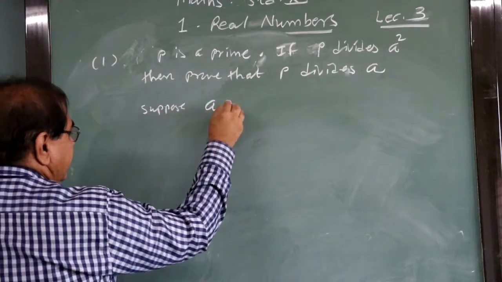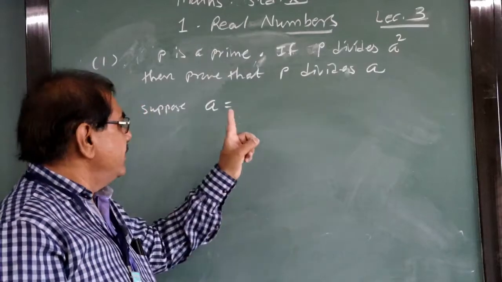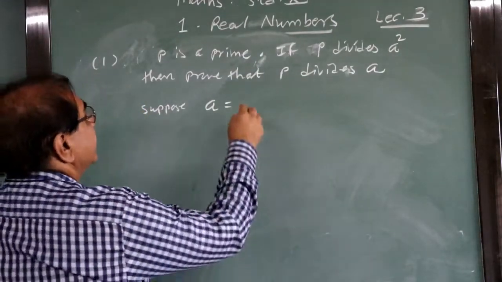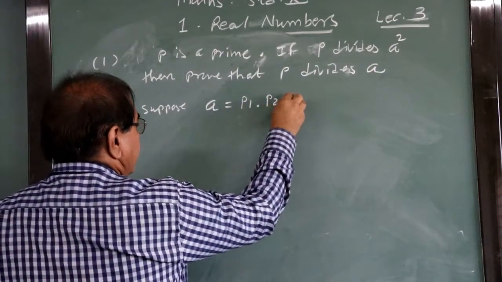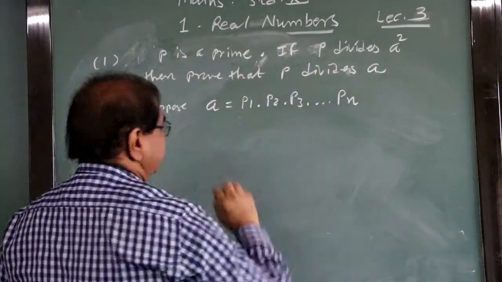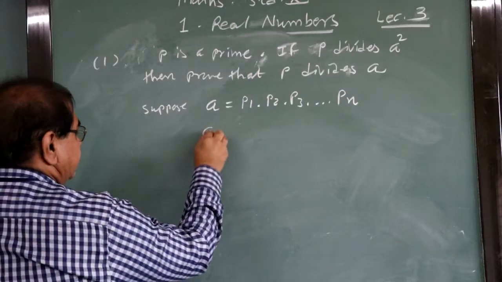that A is a number and its prime factorization, as per the fundamental theorem of arithmetic, gives some factors like P1 into P2 into P3 into up till Pn. Okay, it is a number. So what is A square?